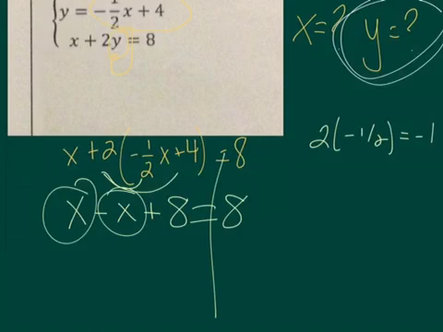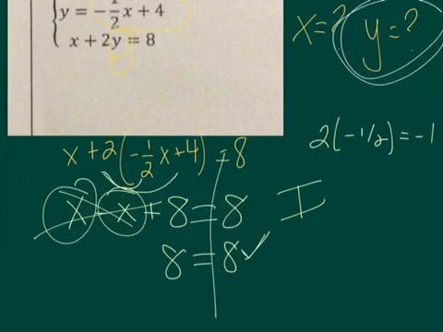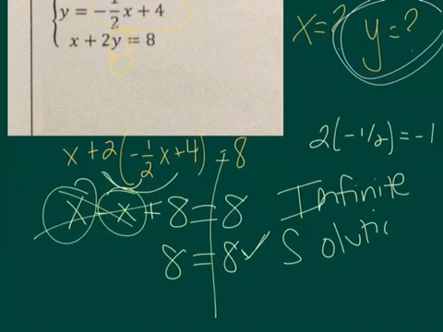Now x minus x, those cancel. But this time I get 8 equals 8. Is that true? Yeah, that one is. So what do you think the answer to this one is? This is our infinite solutions answer, meaning when I graph both lines, they end up being the same and it would only be one answer.